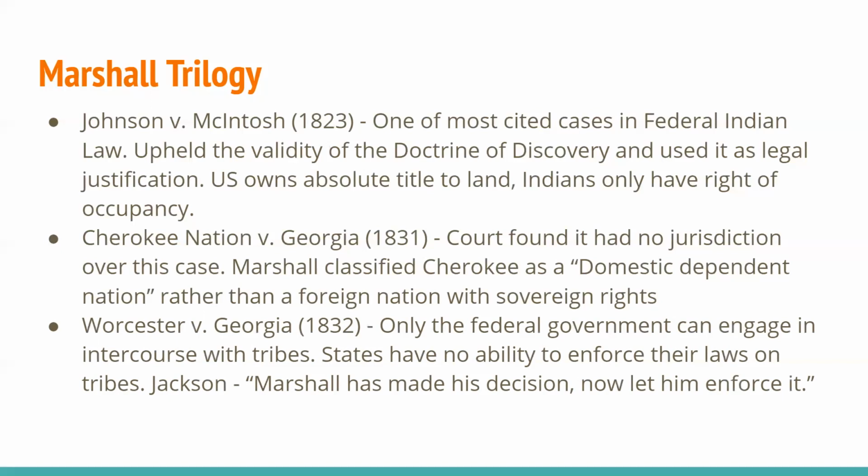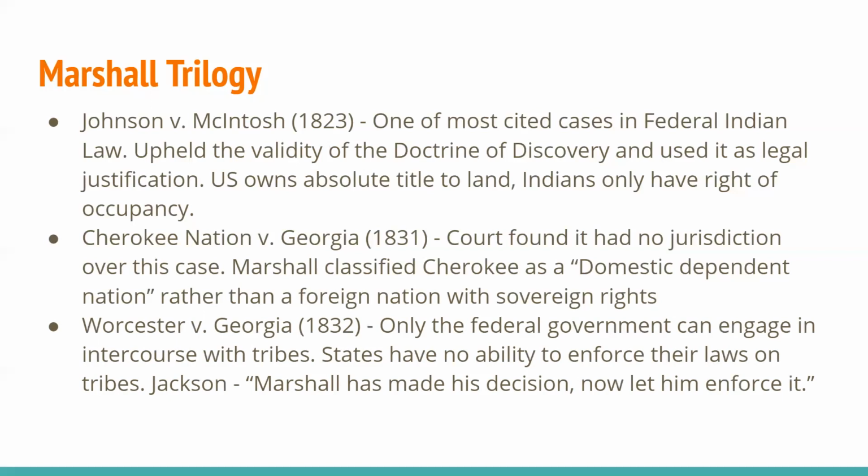And where this came in was this guy, Worcester, was a white guy that was living on Cherokee land. And Georgia wanted to enforce, was still attempting to enforce its laws over Cherokee Nation and all of the citizens of Cherokee Nation. So yeah, Worcester and Butler, they were federal employees working in Cherokee Nation.